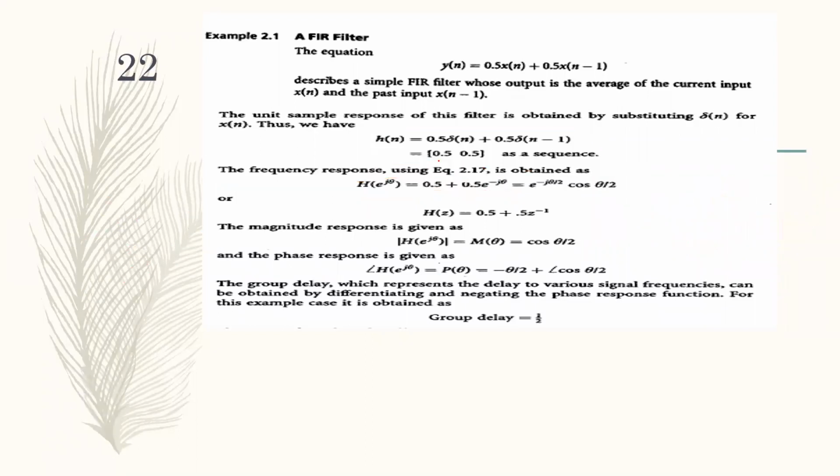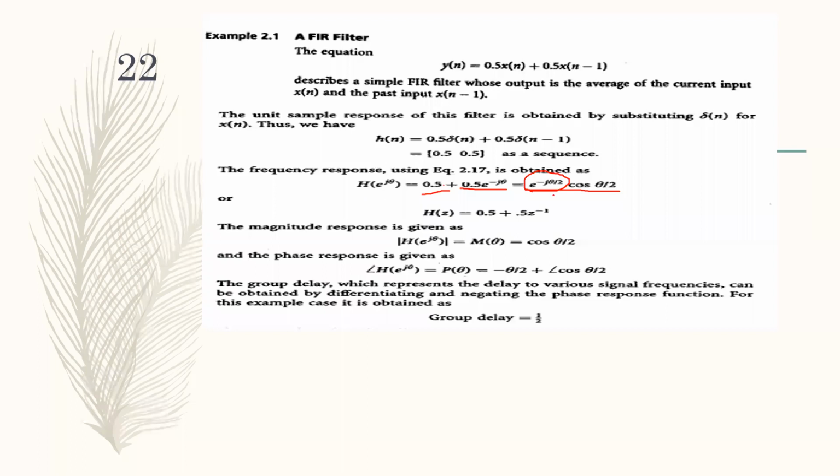When I take e raised to minus jθ by 2 common, it turns out to be e raised to minus jθ by 2 into 0.5 times e raised to plus jθ by 2, plus 0.5 times e raised to minus jθ by 2. And when I solve it, I can represent that equation in terms of cos, that is cos θ by 2.